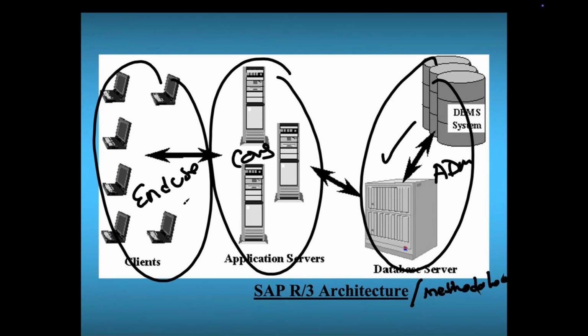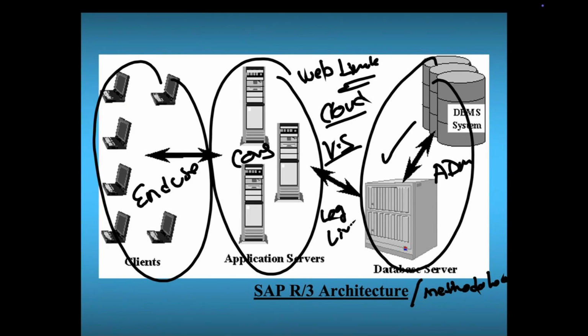In this environment you log in through a web link, it is on cloud, or through a virtual system or a logical link. It gives the company the facility to log in and use the database for their transactions, from the end user point of view, the consultant configuration point of view, or the admin maintenance point of view.